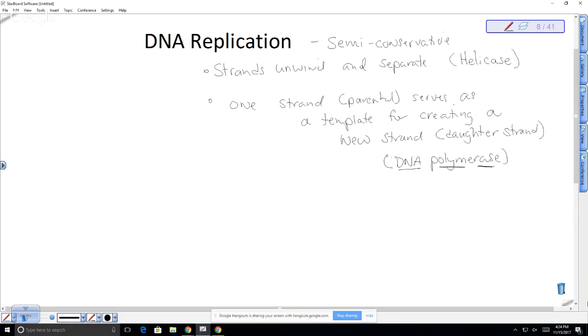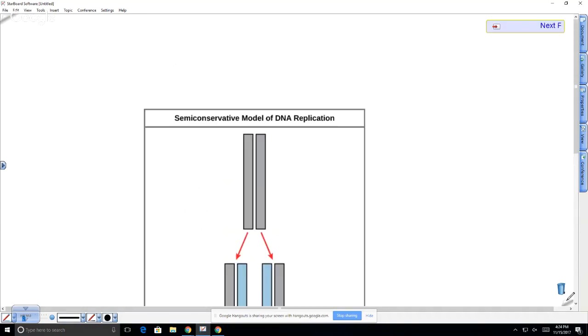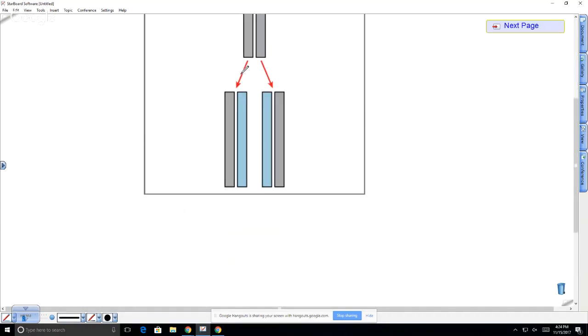So if we look at a diagram that shows this, these gray ones would be the parental strands. This is the new strand, and so A pairs with T, G pairs with C. So if I give you on the quiz a strand, okay, so this is one strand of DNA. You could act as DNA polymerase and you could build me another one.